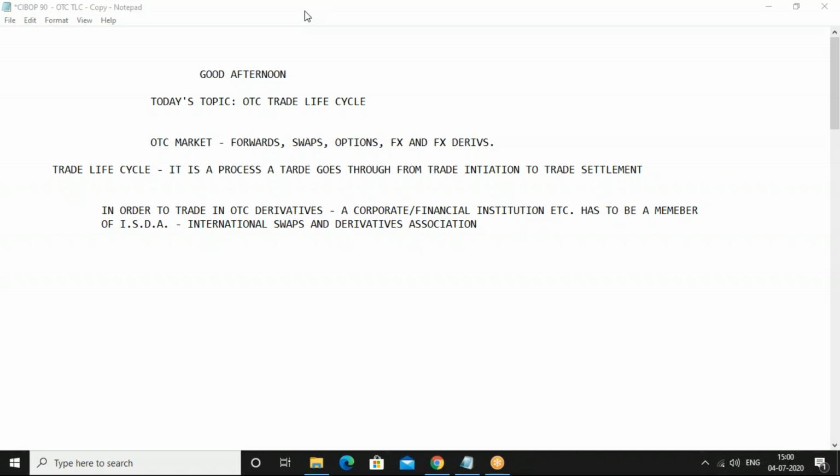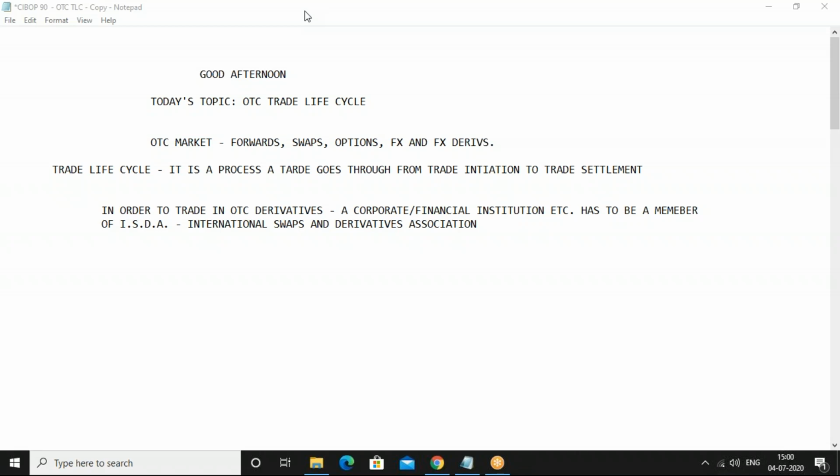It is quite complex, because one of the basic requirements to trade in the OTC derivative market is that you, as a company, corporation, or financial institution, should have a capital of more than 1 billion US dollars, minimum.